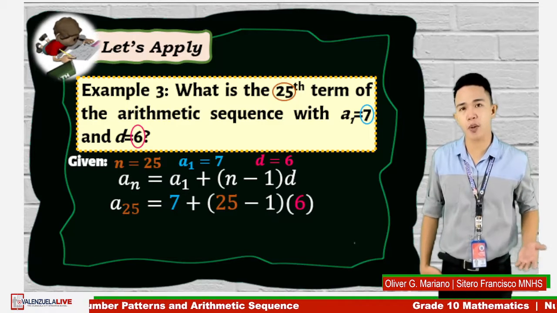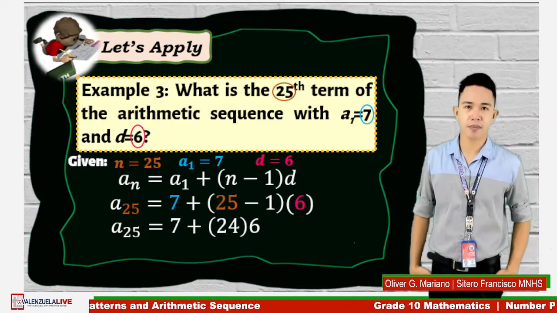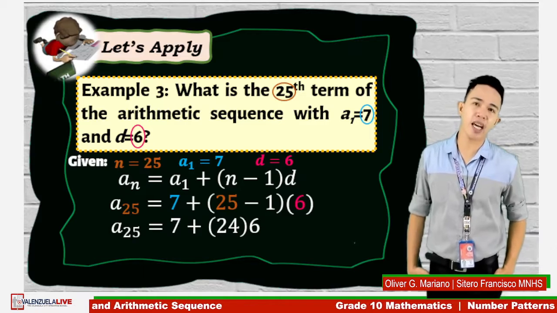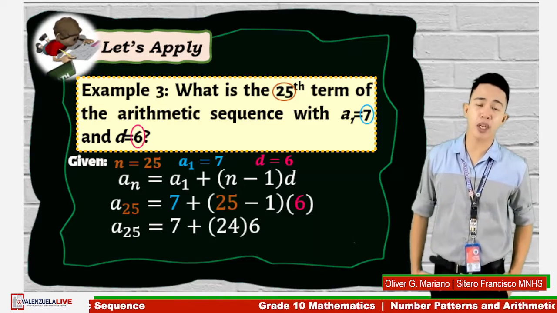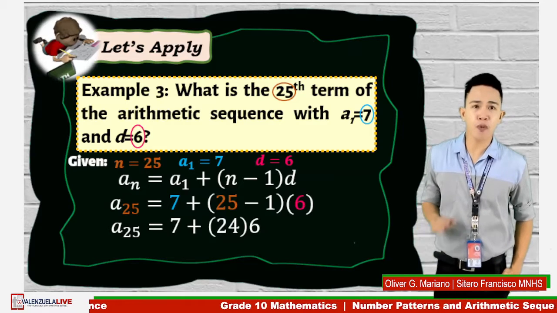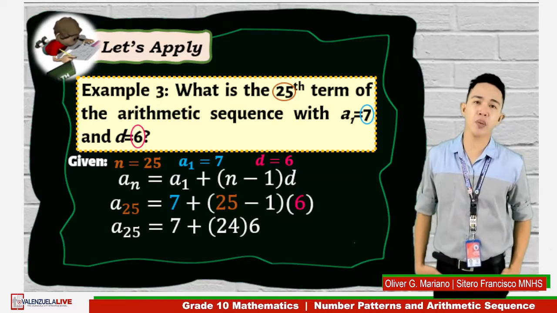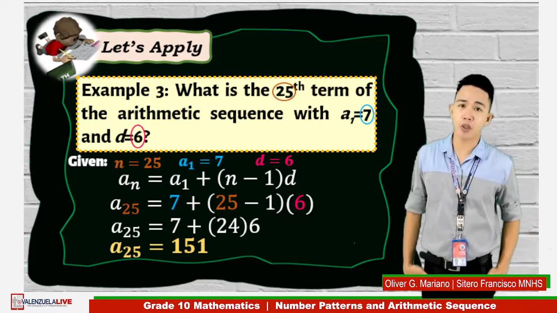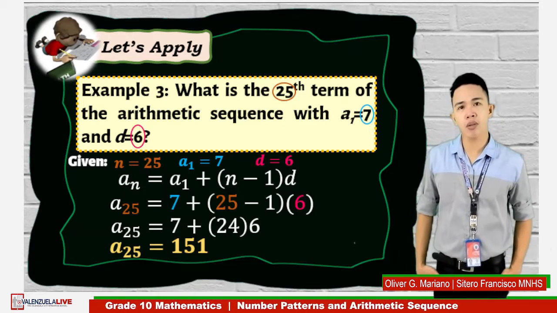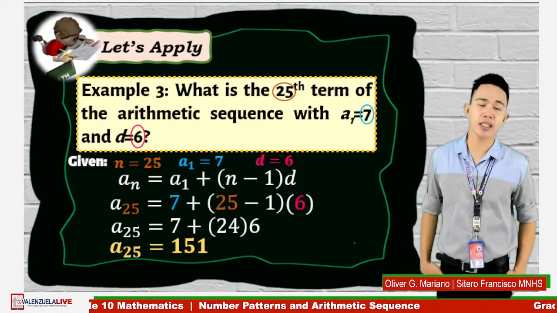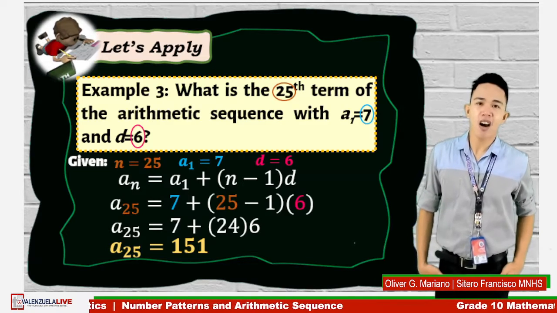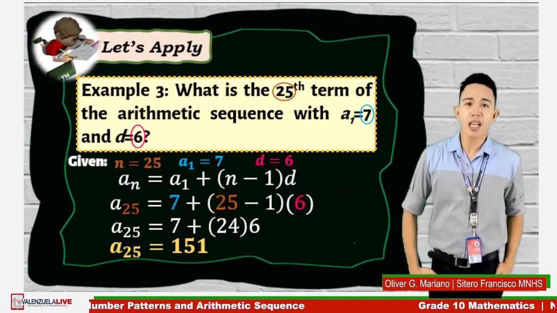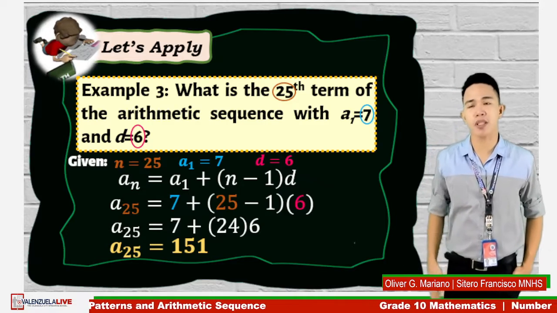Subtracting 1 from 25 gives us a sub 25 equals 7 plus 24 times 6. Performing the operations here, we have a sub 25 equals 151. Did you get it? Awesome. Let's continue with another example.